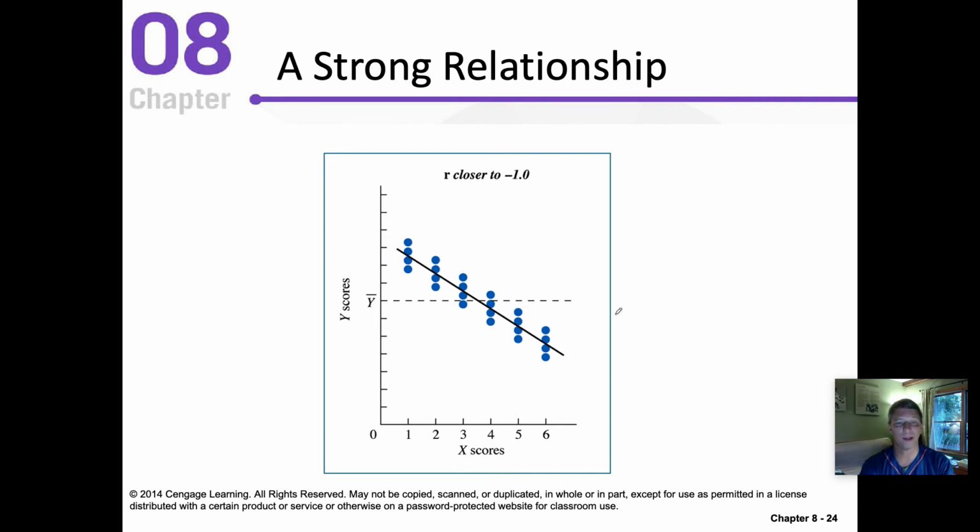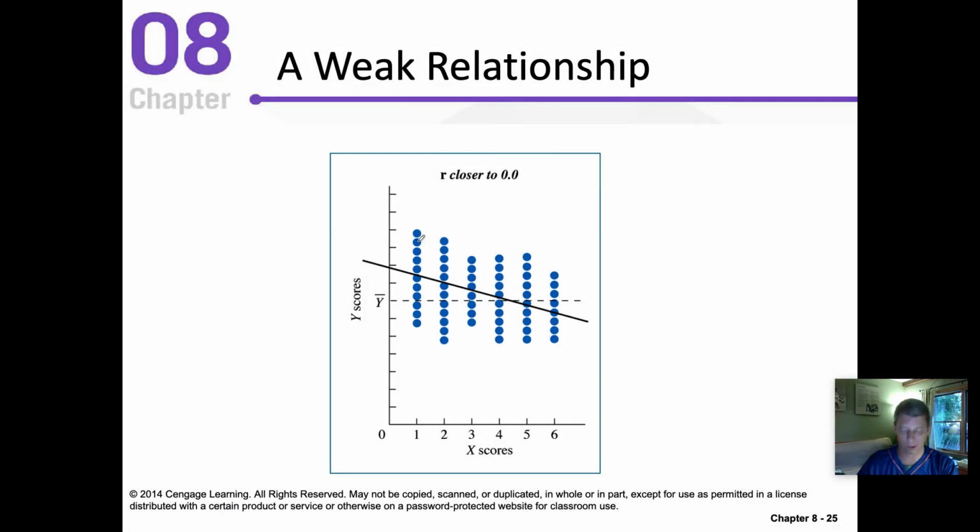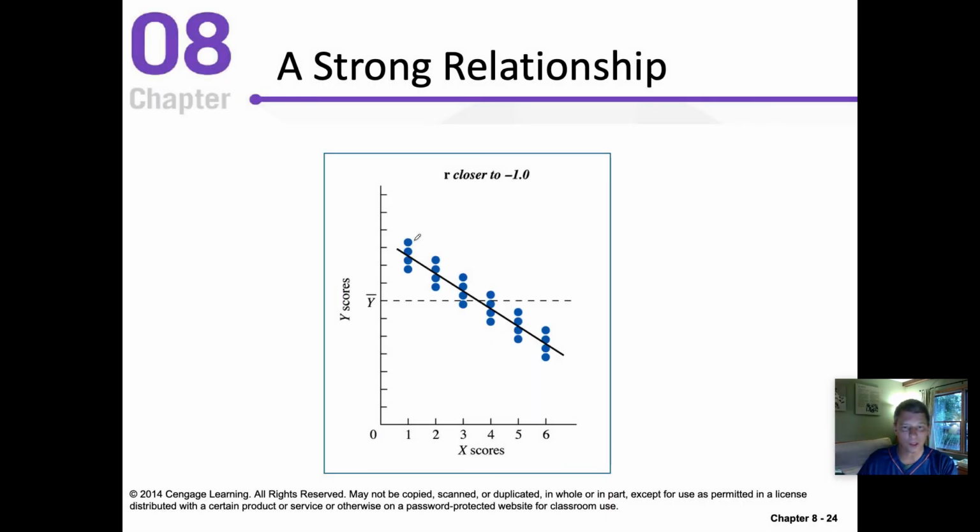You can see that in this particular data set, we've got a correlation coefficient very close to -1. And in this case, we've evenly split the difference between the values above the average y-score and the values below the average y-score. Notice that there are 2 above and 2 below, 2 above and 2 below, and so on all the way down.